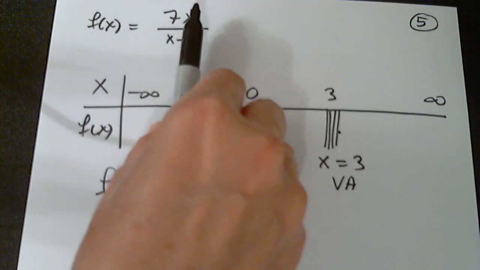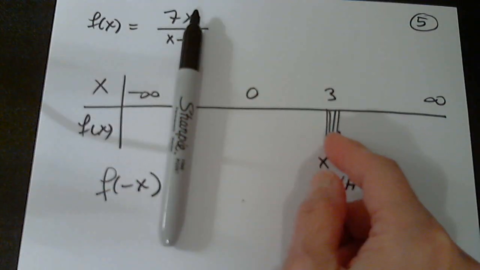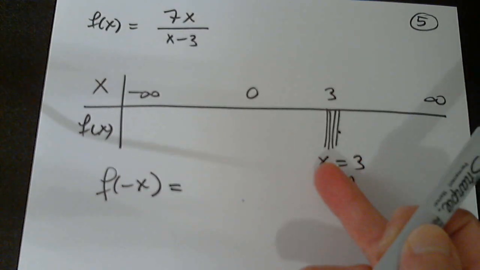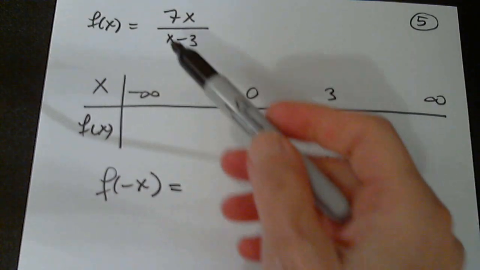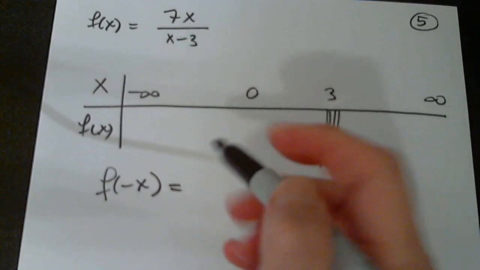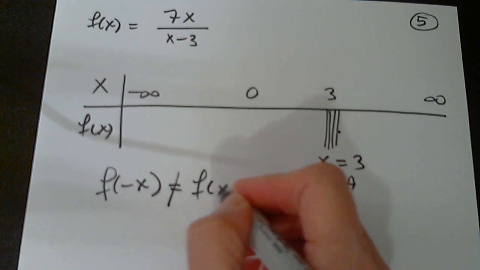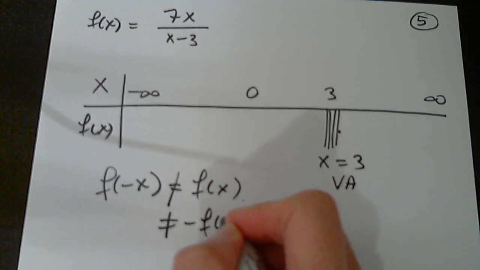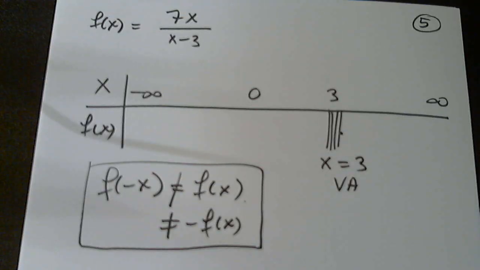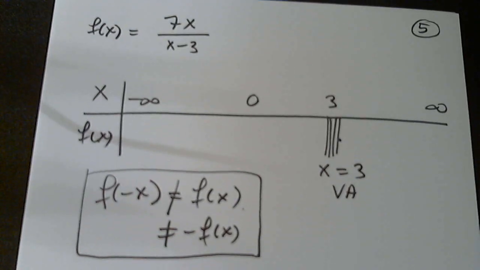If it had a vertical asymptote at negative 3 and positive 3, maybe. But if it only has one vertical asymptote, there is no way. So when I plug in negative x, this changes and this changes. It will not equal f of x, and it will not equal negative f of x. You don't have to stress over this. The function cannot be symmetric.